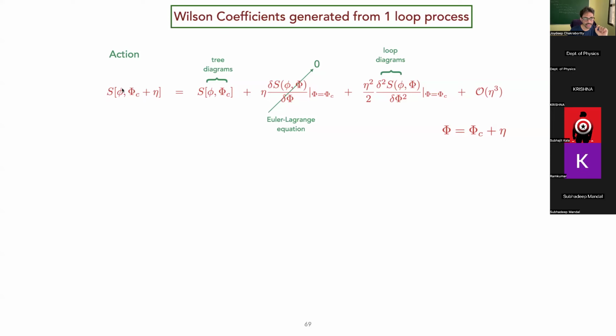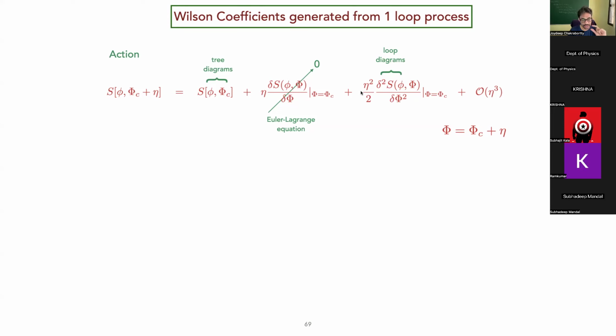If you put this h bar explicitly, then your fields, couplings, everything will be suitably scaled and associated with h bar. Keeping that h bar, if you perform the expansion, you'll find that this term is proportional to h bar to the power 0. That's why this is called the tree level or the classical contribution, and this is proportional to h bar, which is the signature of the quantum.